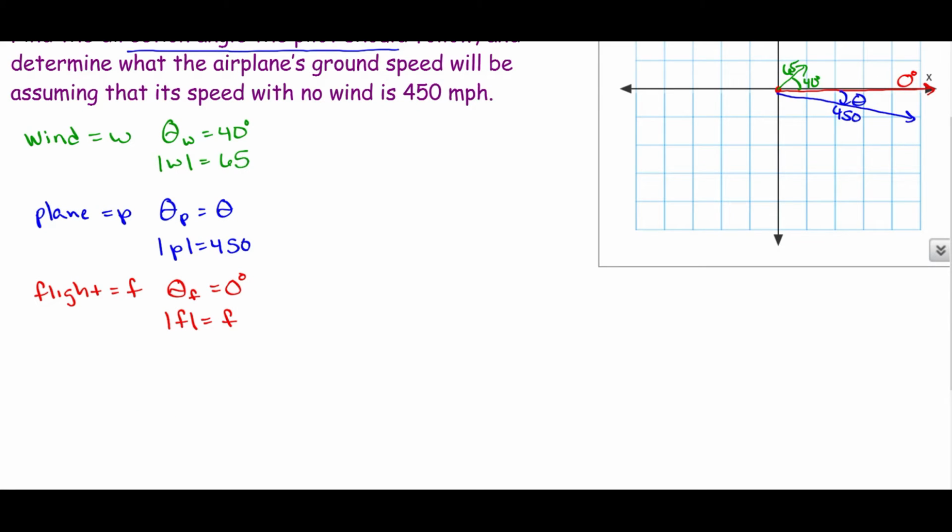Writing the component form of each vector up here will give me W is 65 times the cosine of 40, and then 65 times the sine of 40 degrees. The plane is going to be 450 cosine of theta, 450 sine of theta.